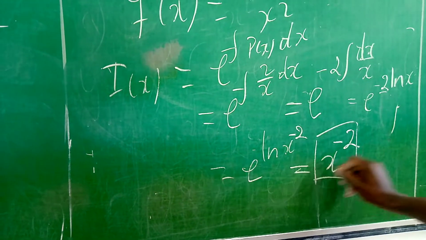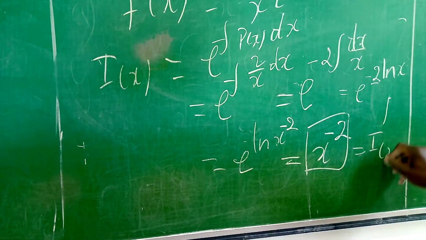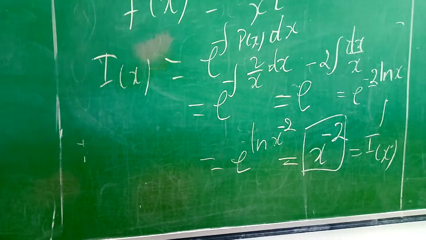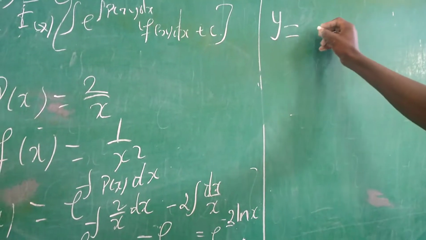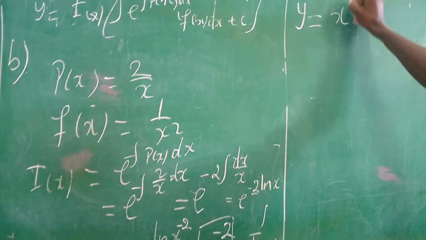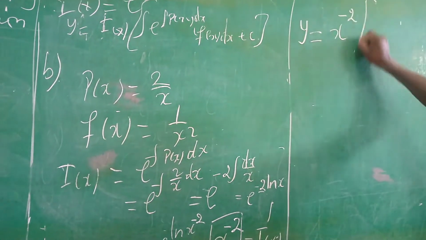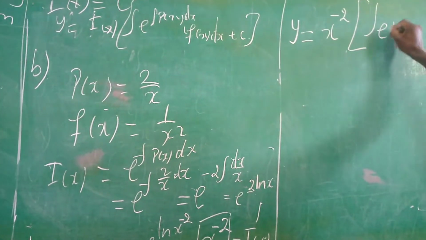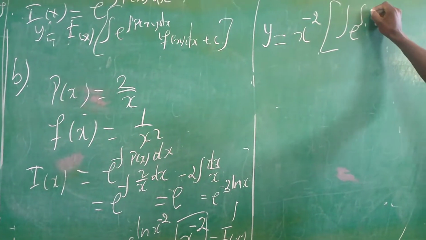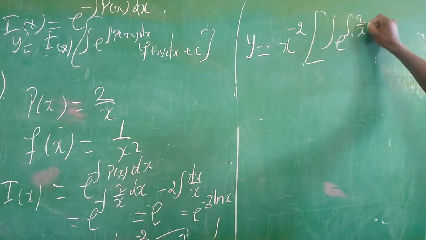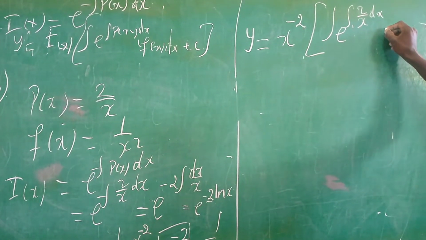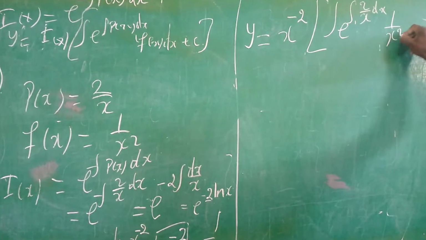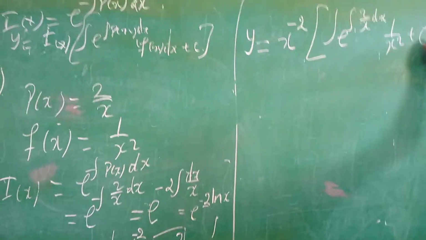And then following I(x), y will be equal to x power negative 2, integral of e power P(x), which is 2 over x dx, times f(x), which is equal to 1 over x squared, plus c.